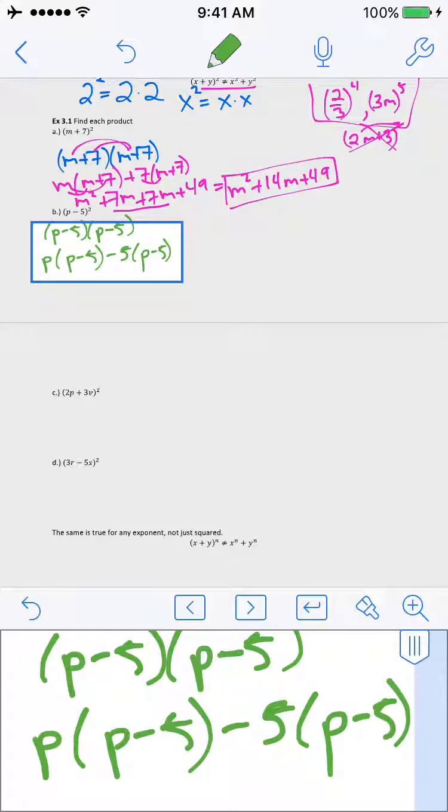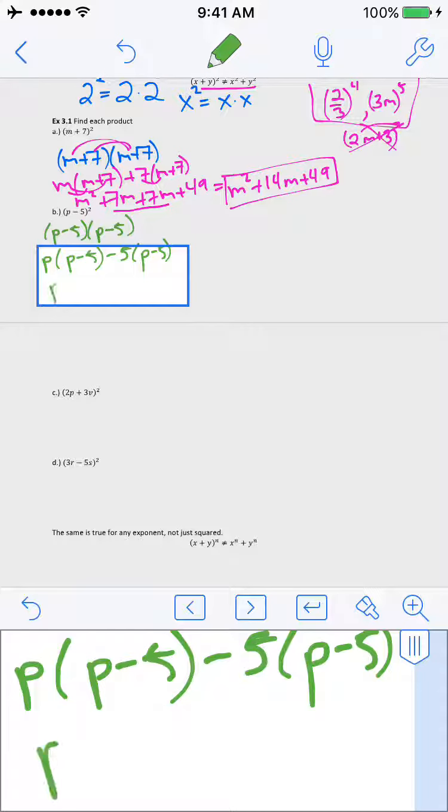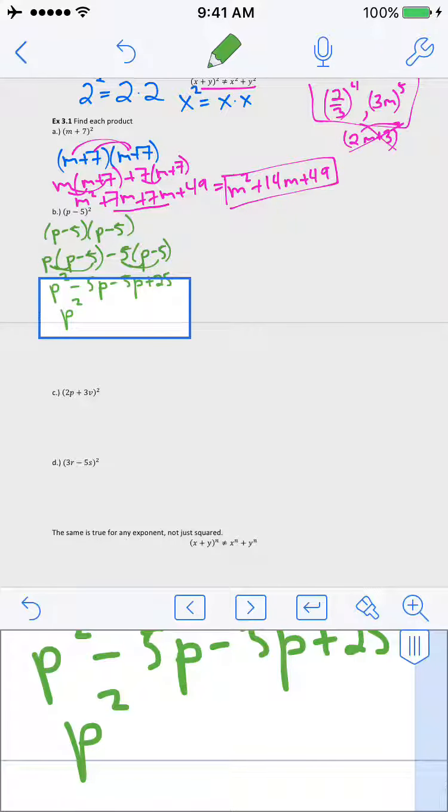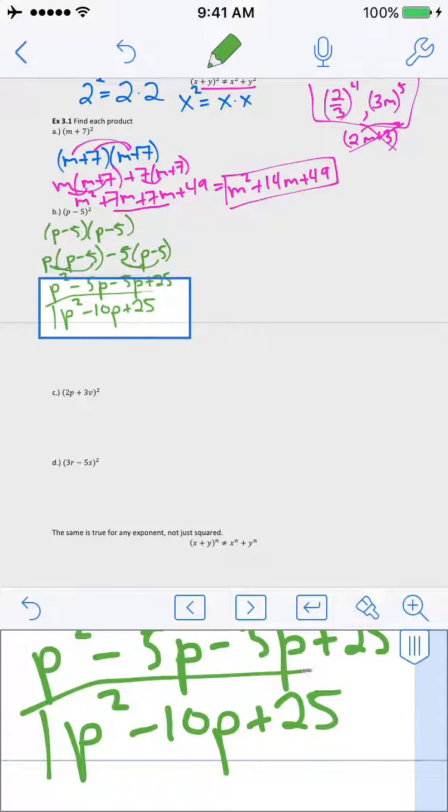So I break up one of them into monomials, and I get p squared minus 5p minus 5p plus 25. Combine like terms, and you end up with p squared minus 10p plus 25. And that's our final answer.